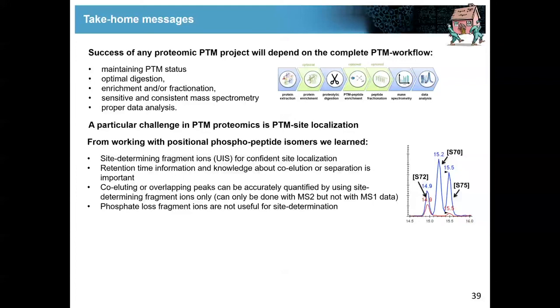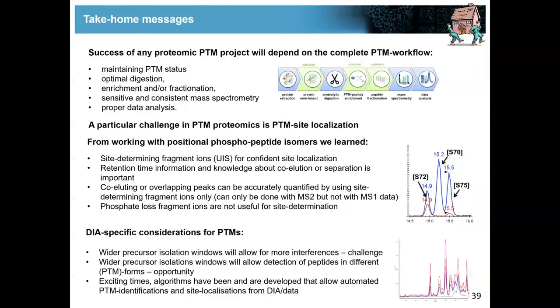And coeluting or overlapping peaks can still be accurately quantified if you work with site-determining fragment ions, and this is something you can just retrieve from chromatographic MS2 data, and not when working with DDA and MS1 data. And phosphate loss fragment ions are really not suited to confidently localize a site.